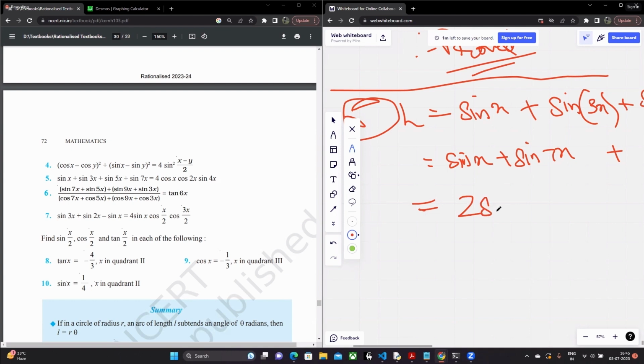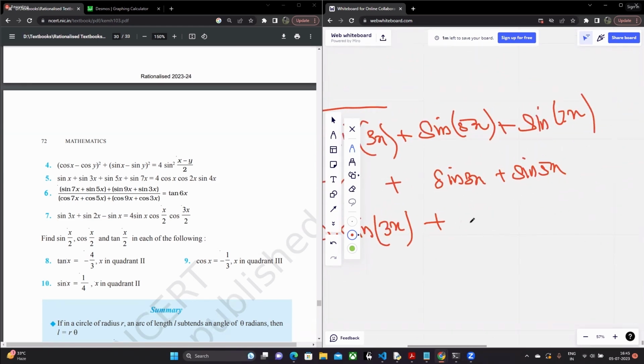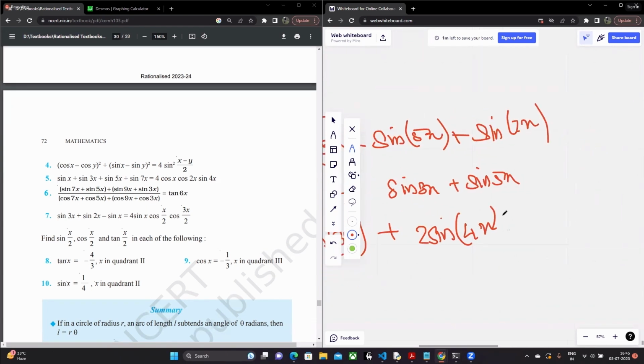You know the formula, it is going to give you 2 sin 4x times sin 3x. Plus add this, you know the formula again, it is going to give you 2 sin 4x into cos of, this is going to be 5 minus 3 is 2, so this is going to be cos x.